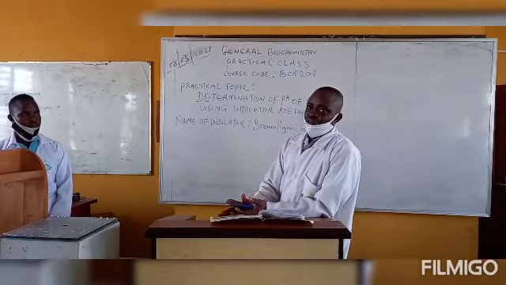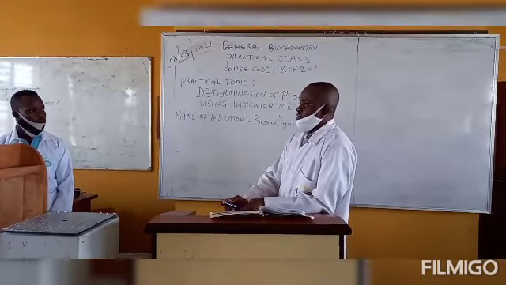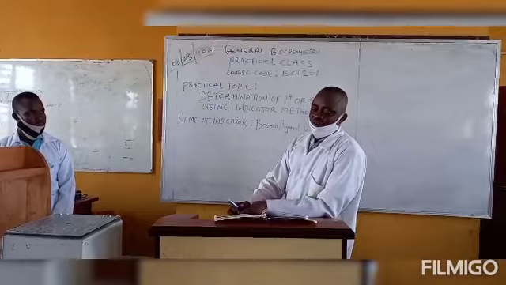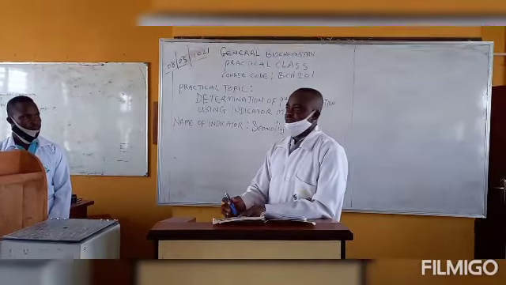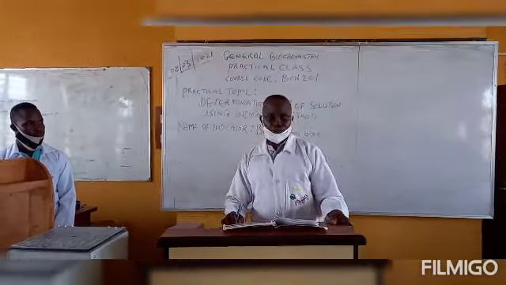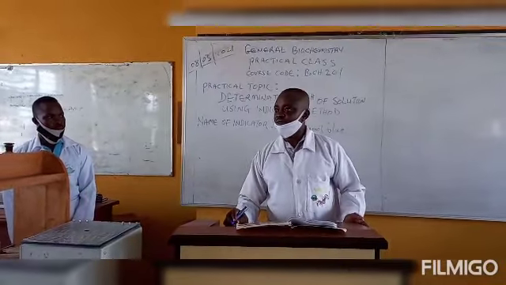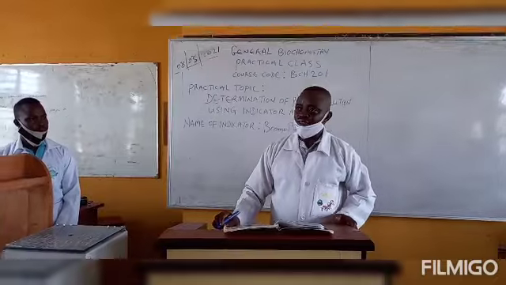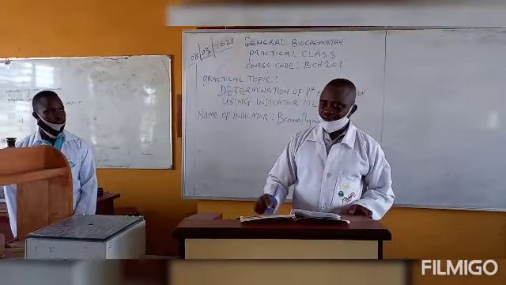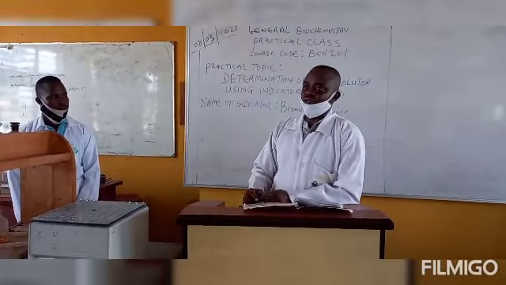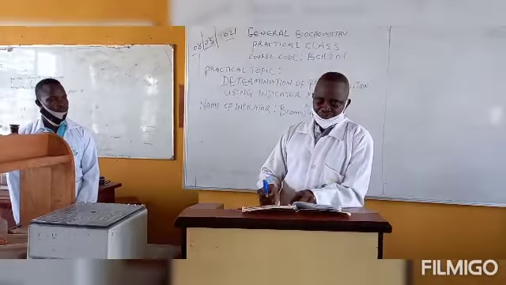In the theory class, you have been exposed to the concept of pH. By now, I want to believe every 200 level biochemistry student can define pH conveniently as the degree of acidity or alkalinity of any particular solution.